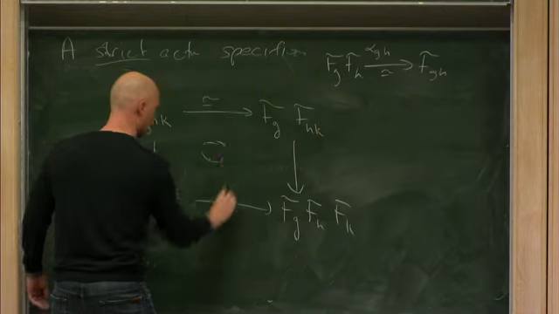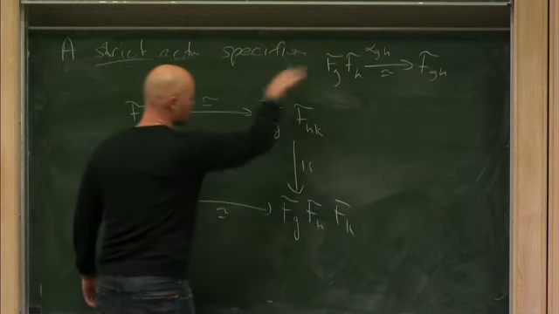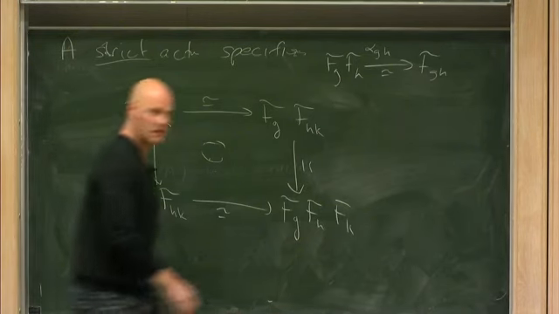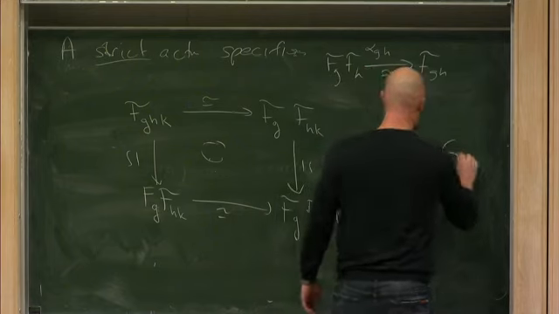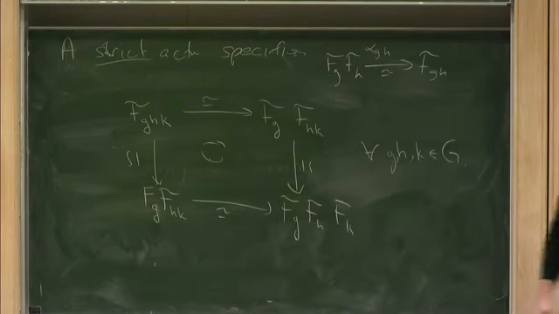And so you require these isomorphisms to make a commutative diagram like this for all G, H and K. So that would be a strict action or a genuine action.